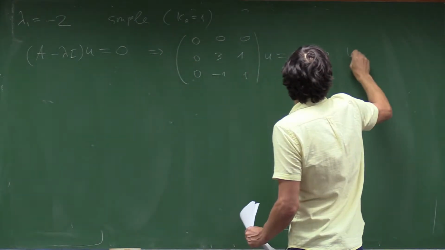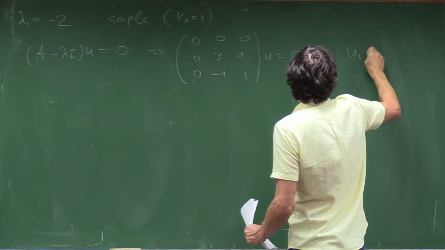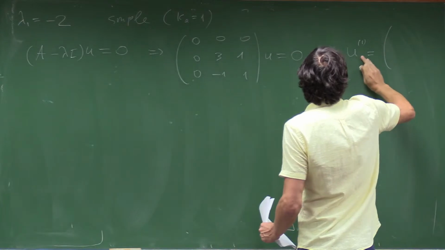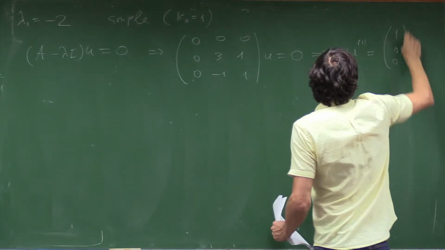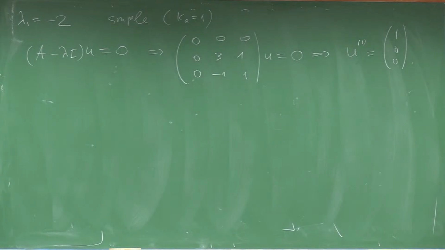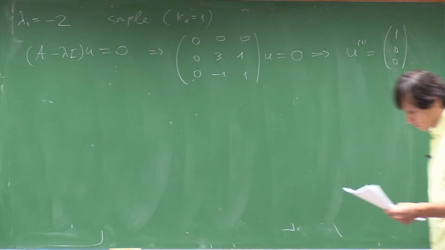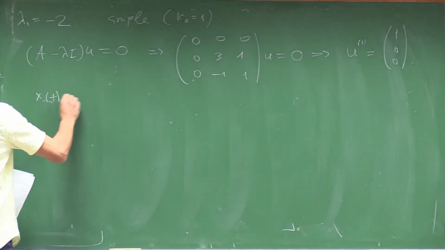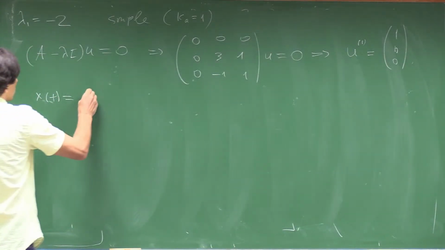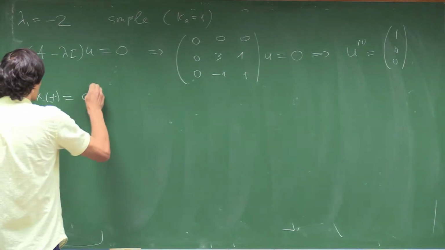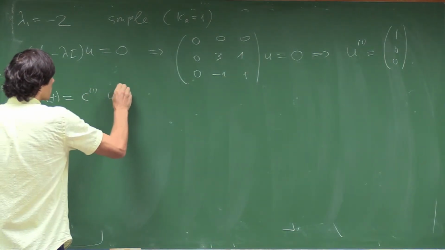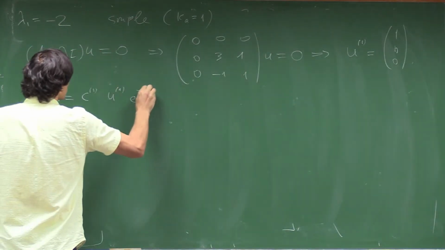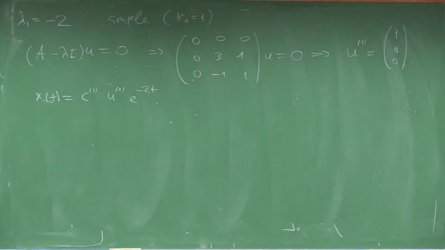And we find that the eigenvector for this eigenvalue will be 1, 0, 0. Okay, and we have a solution. The solution will be an arbitrary coefficient, let's put 1, times this vector, times the exponent e to the minus 2t. This is a solution.